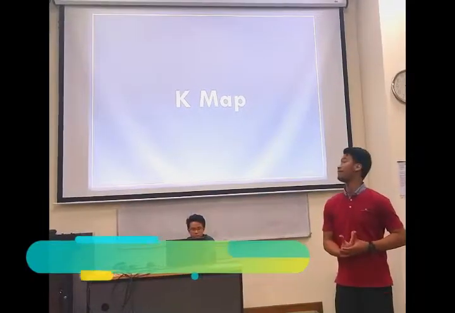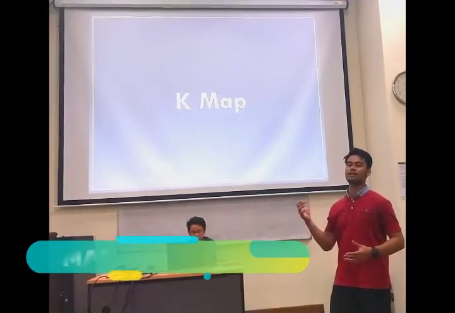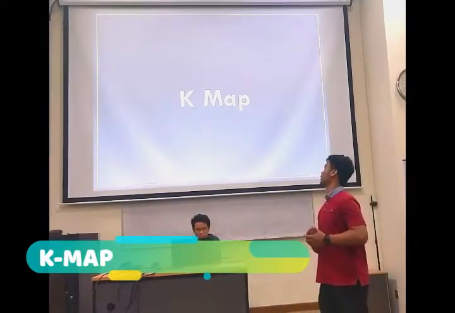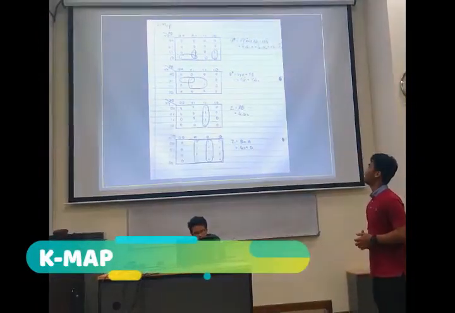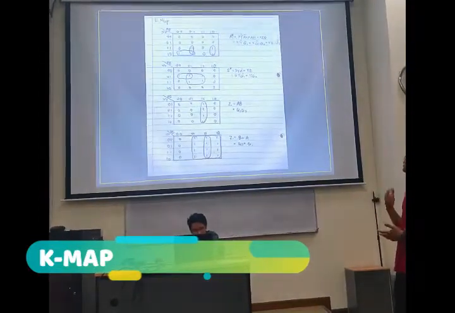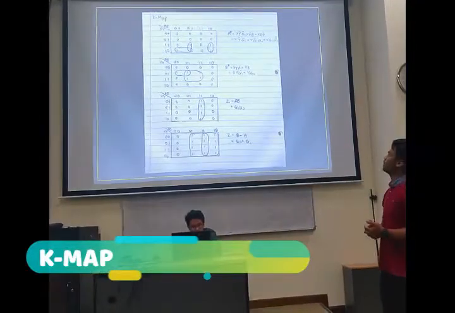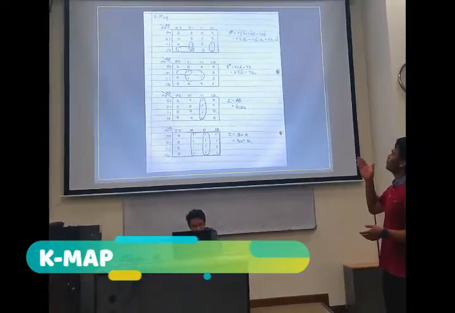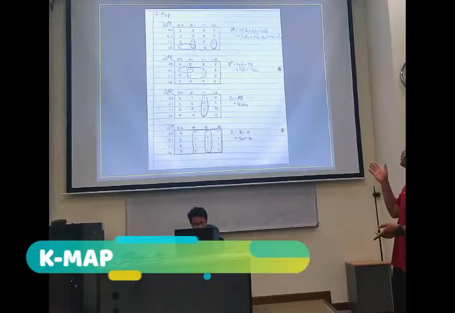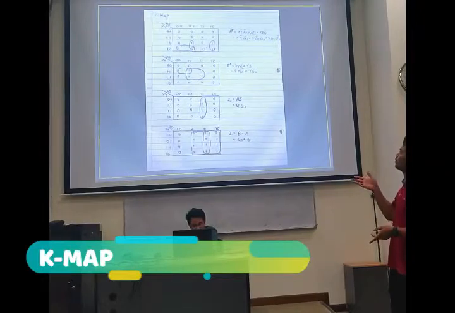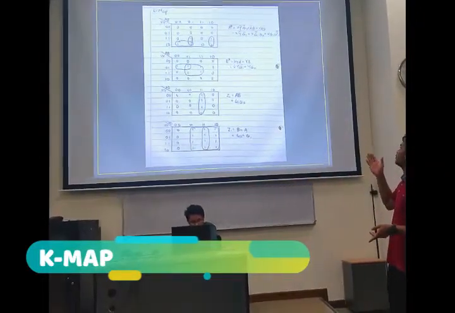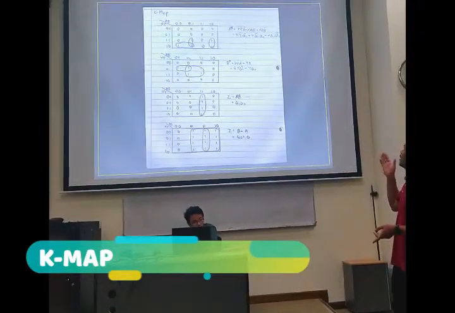Okay, next is the K-map. The K-map is actually for simplifying the truth table, so that we know the output for the logic gate. Next, for A star, we know the output is X Y bar, A bar, and X A bar, because following the groups of ones, when the input has a 1, we can create the simplified output for A. B also follows the same way.